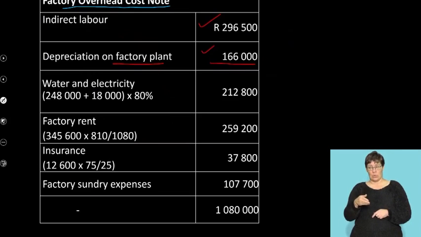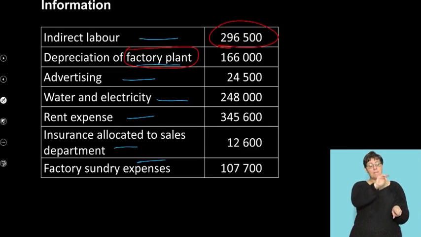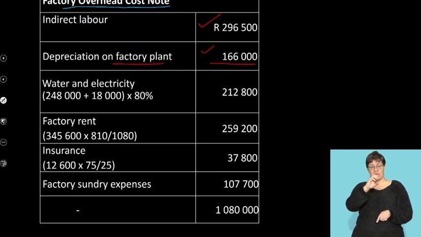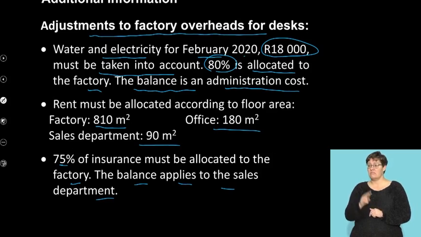So step number 1, look at your water and electricity. Firstly, pick up the amount from the given information, 248,000. So we start off with the 248,000 plus the 18,000. However, if you look at the adjustment, we are told that only 80% is allocated to the factory. Therefore, what are we going to do here?